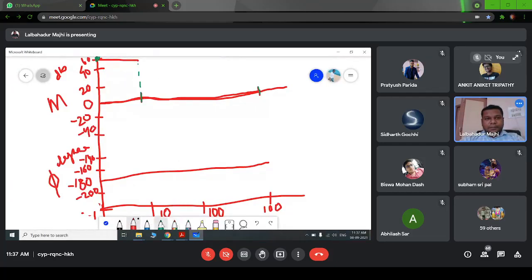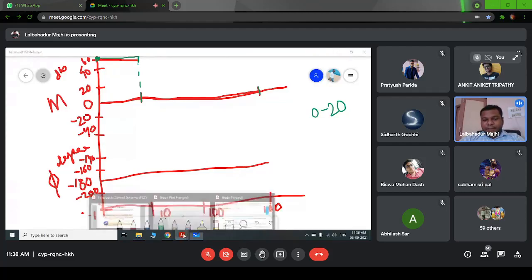The next corner frequency is 10, and this frequency 10 is from a pole. The slope was 0 dB per decade, and then there is another pole, so we have to add minus 20 dB to this initial slope. So our slope will be like this, minus 20 dB per decade.